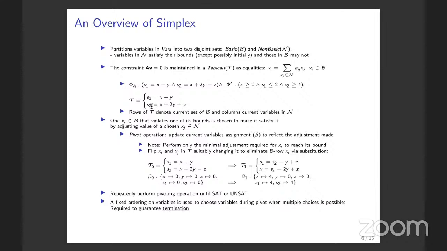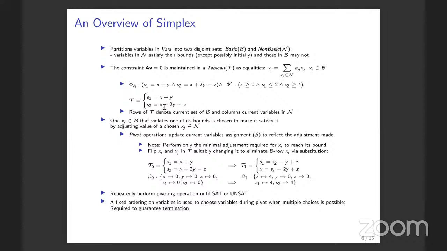So if the value of S2 is lesser than the lower bound, then you pick a variable with a positive coefficient and increase its current value.